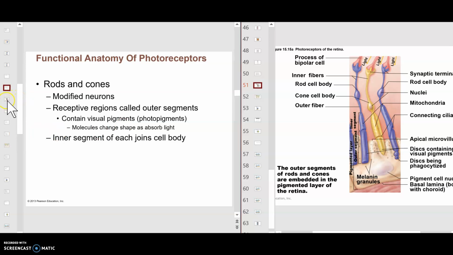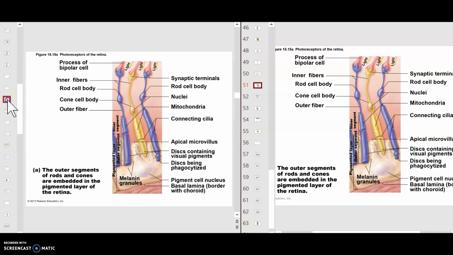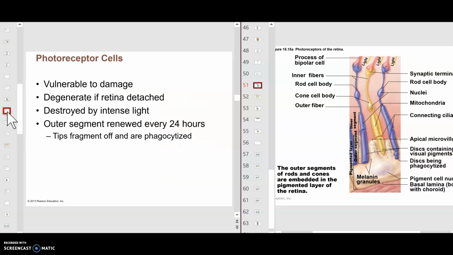Okay, so we go now to the photoreceptor cells. They're vulnerable to damage, but they have a quick turnover. They degenerate if the retina is detached. They have to be near this area because remember, the choroid is the vascular layer, and so they need nourishment there.